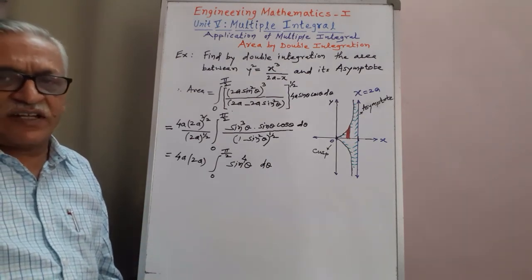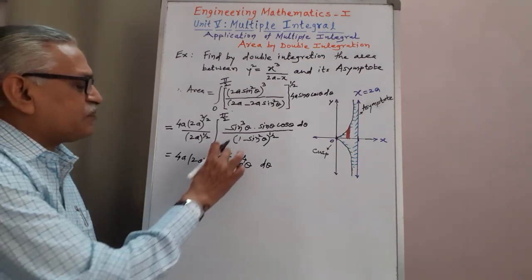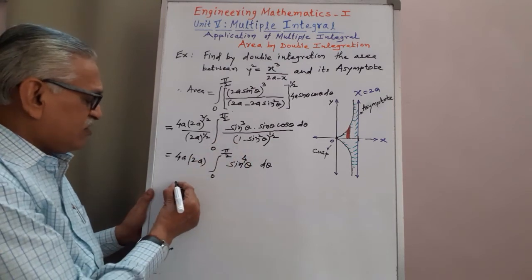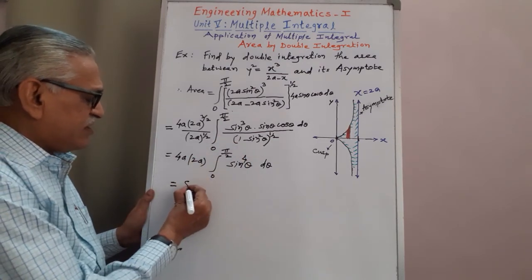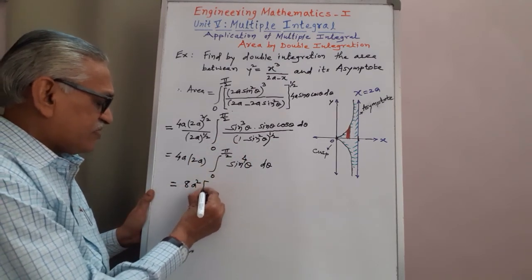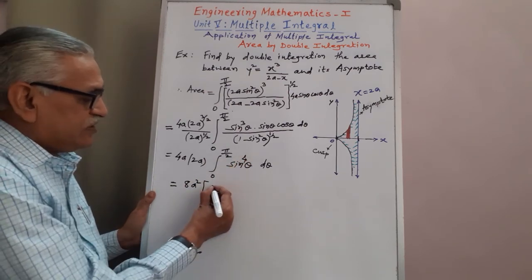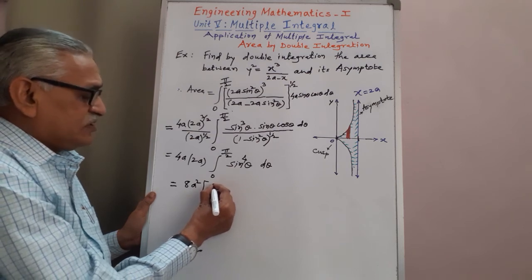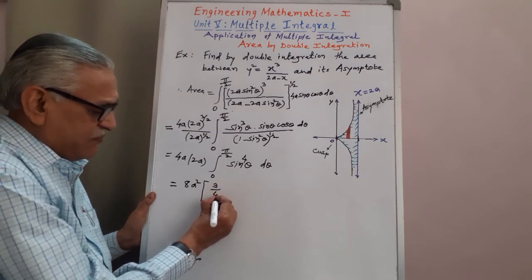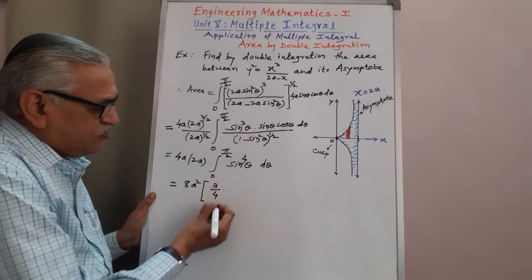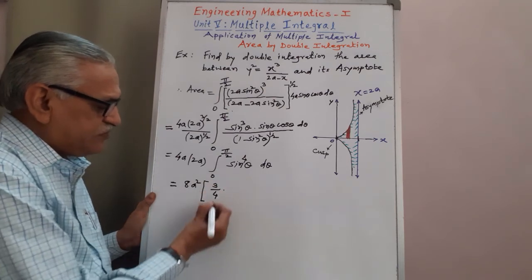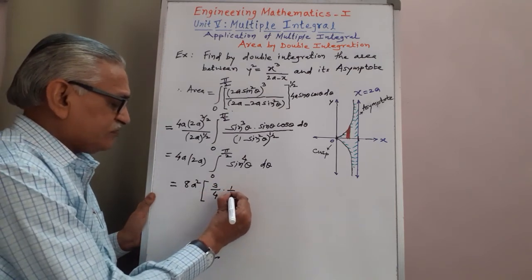integration of sin theta raised to 4 between limits 0 to pi by 2, applying the reduction formula. Therefore, we get here 8a square. Applying the standard reduction formula, here n is 4, an even number. Therefore, n minus 1 is the first term divided by n, that is 3 by 4. Decreasing by 2 both the terms, numerator and denominator, we get 1 by 2.